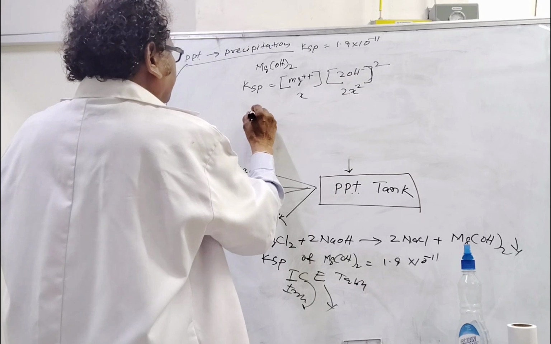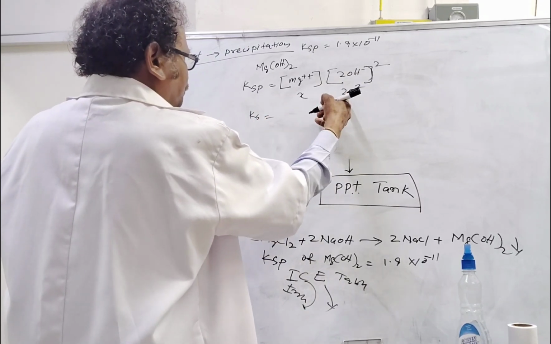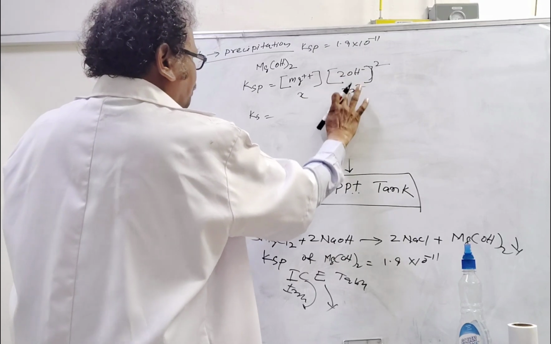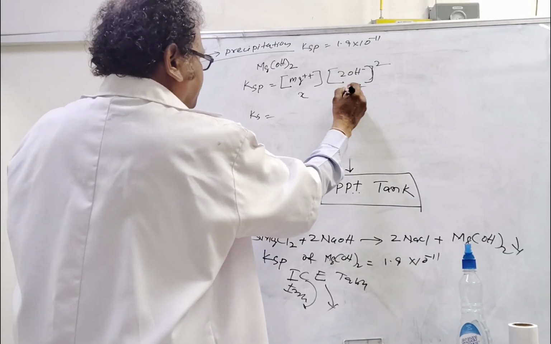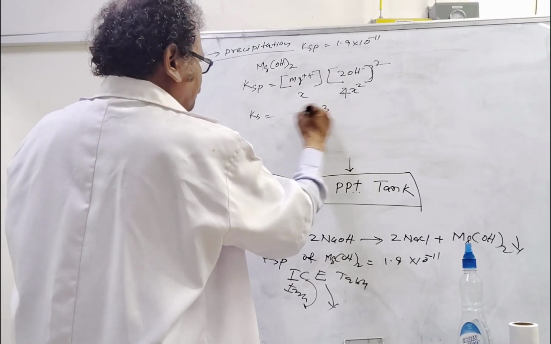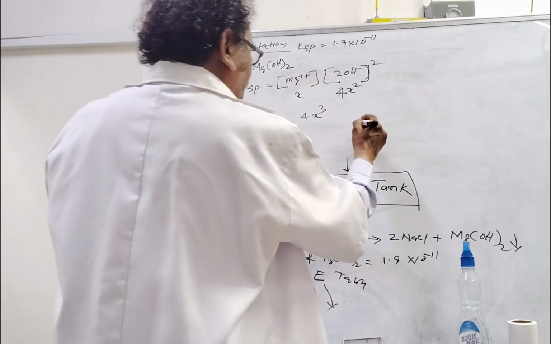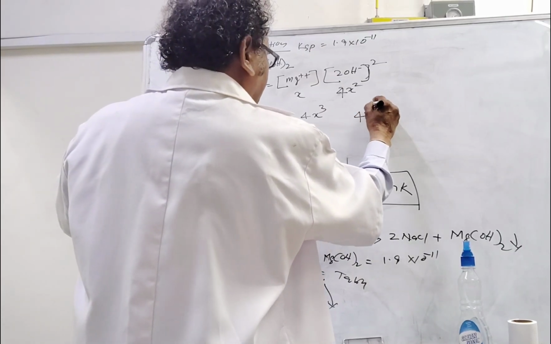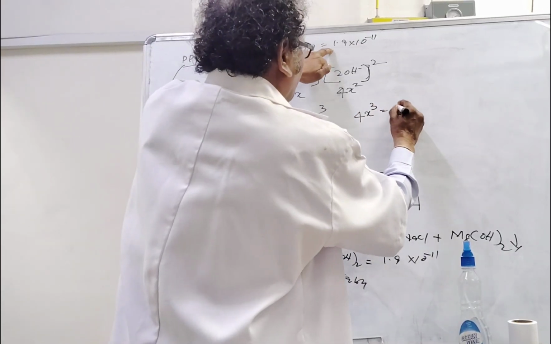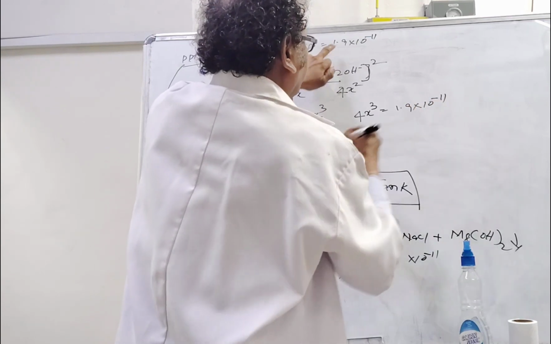So Ksp is equal to X into 4X squared, that is 4X cube. 4X cube is equal to 1.9 into 10 to the power minus 11.